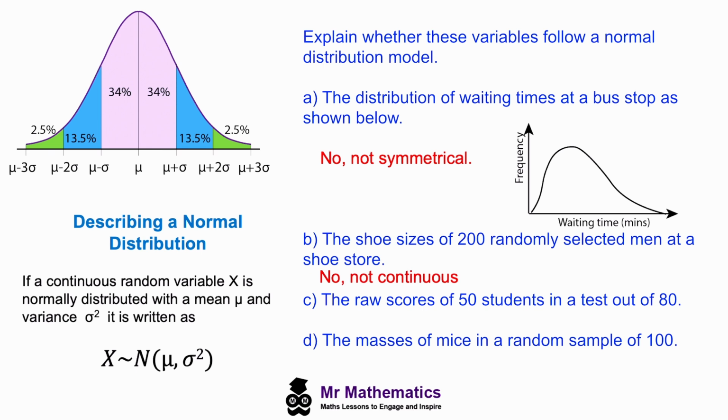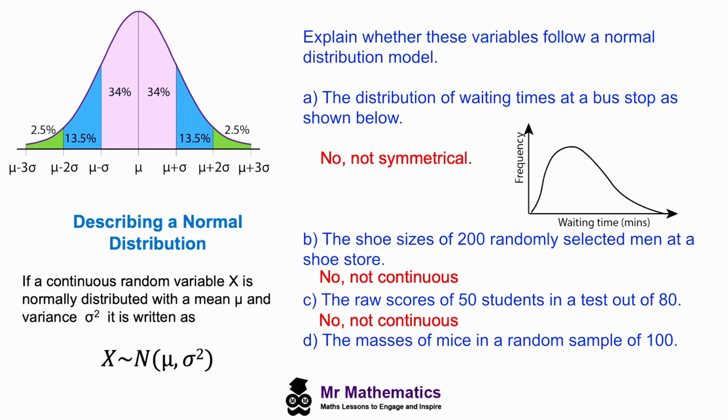For part C, the raw scores of 50 students in a test out of 80. Again, the raw scores would be discrete. You wouldn't have a score of 50.06, would you? So again, the normal distribution model would not be appropriate.